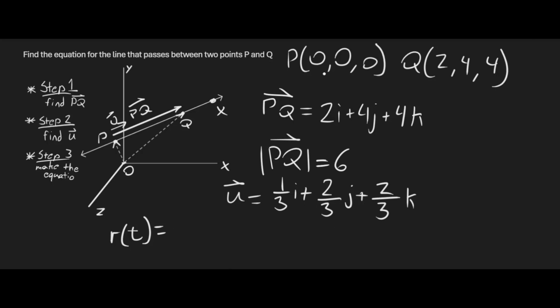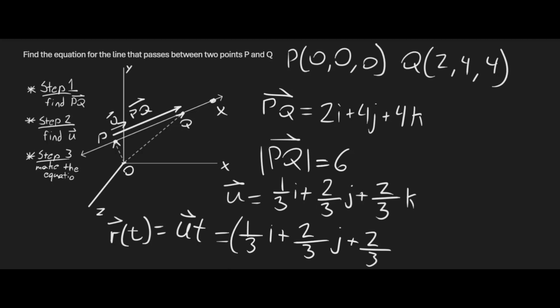Since p is 0, I don't have to write anything, so it's going to be u times t. So it's going to be 1/3 i plus 2/3 j plus 2/3 k, times t.